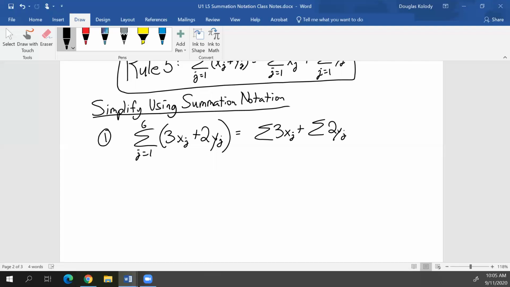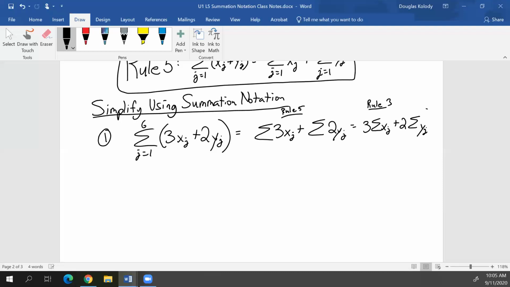Now notice I didn't write the 1 and the 6 right just yet, because I'm going to keep this in summation notation. Now, what if I used rule 5? Then, couldn't I use rule number 3 to bring these numbers out of the front? I sure can. So it would be 3 times the sum of x sub j plus 2 times the sum of y sub j.